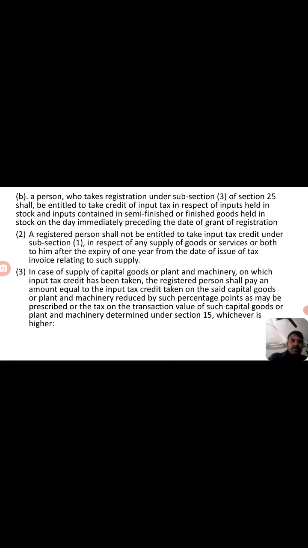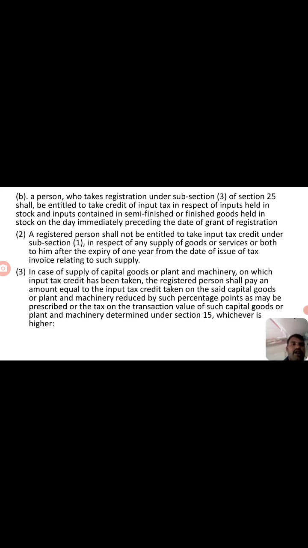A person who takes registration under subsection 3 of section 25 shall be entitled to take credit of input tax in respect of inputs held in stock and inputs contained in semi-finished or finished goods held in stock on the day immediately preceding the date of grant of registration. He is eligible to get input tax credit from the day before the grant.